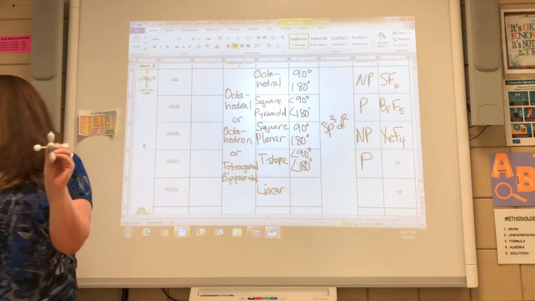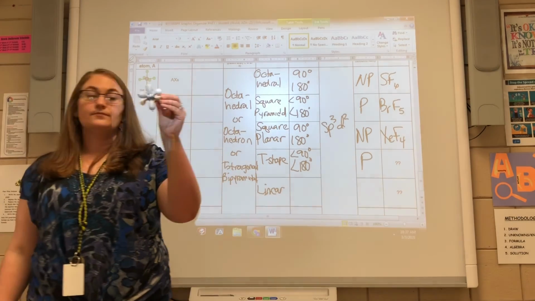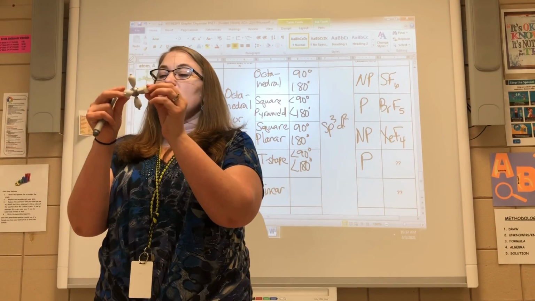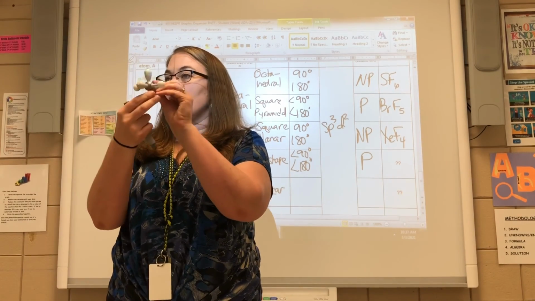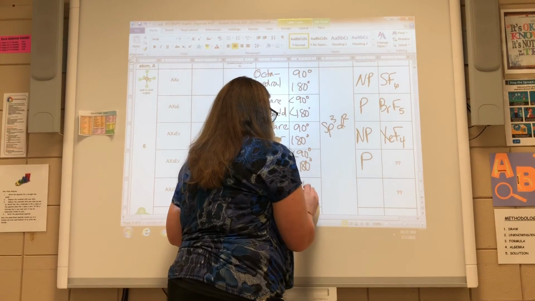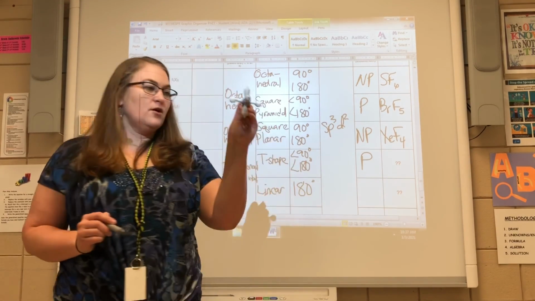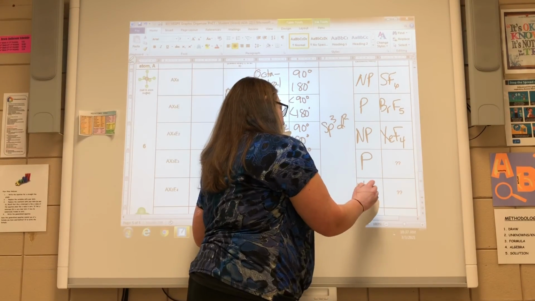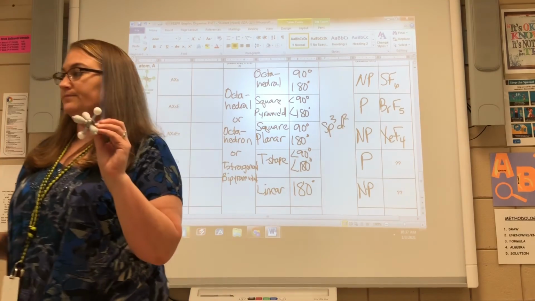So what is my bond angle? 180. And it's going to be right at 180, no less than, because these are all equaled out here as far as how they're spread out. So it's going to be 180. Polar or non-polar? Non-polar.